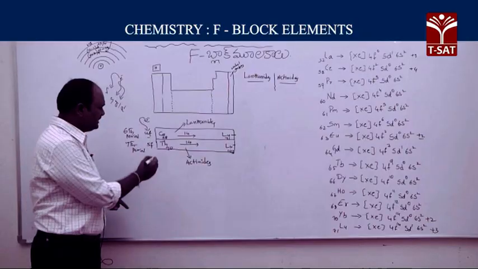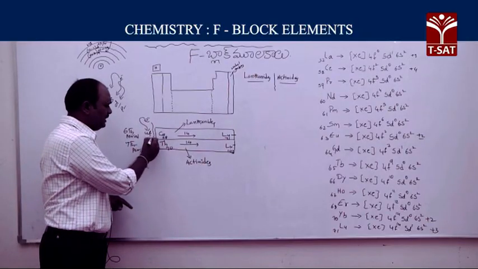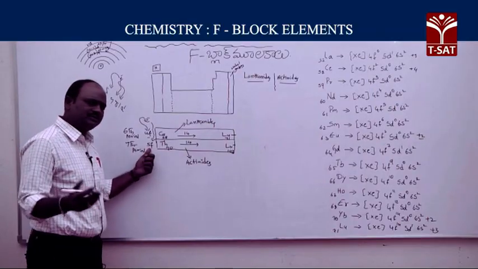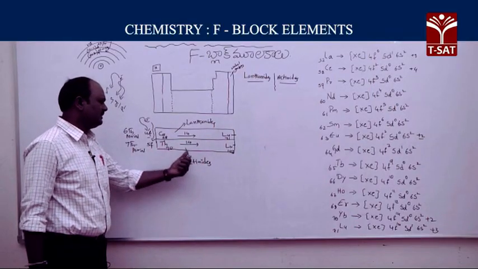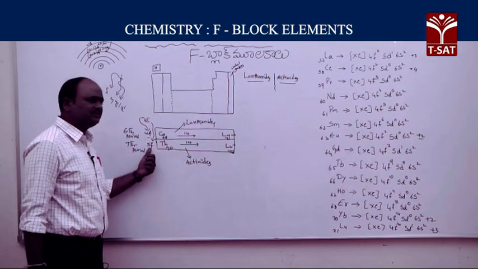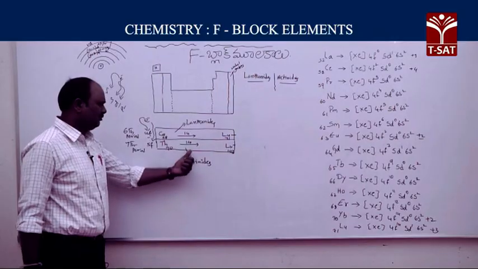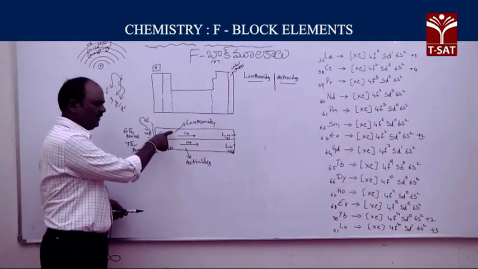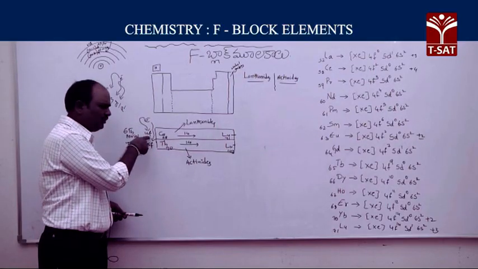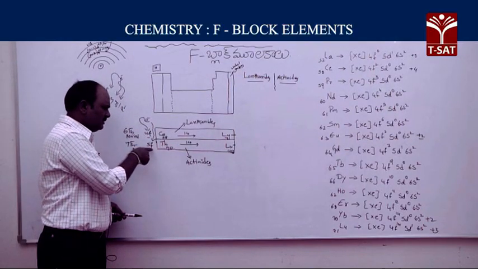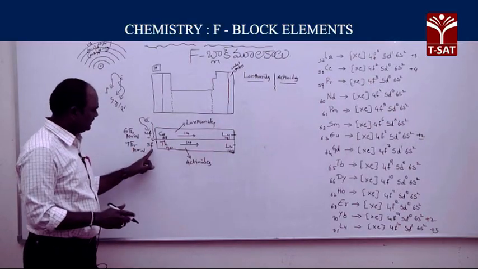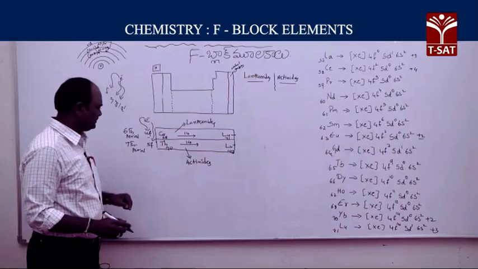When the differentiating electron is entering into the 5f orbitals or 5f sublevel, those are known as actinides or 5f series elements. These are the 4f series elements, because the differentiating electron is entering into the 4f orbital. These are called 5f series elements because the differentiating electron is entering into the 5f orbitals.